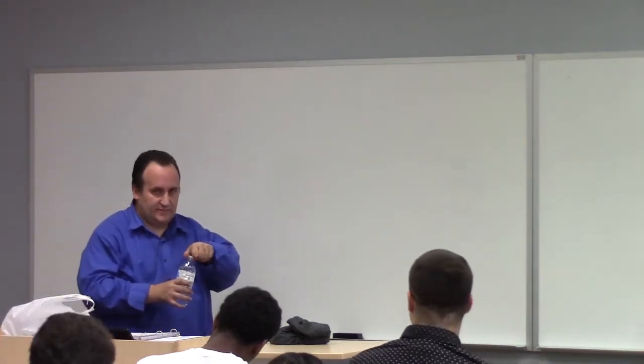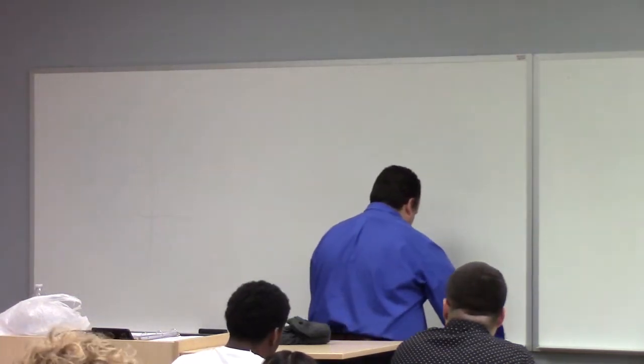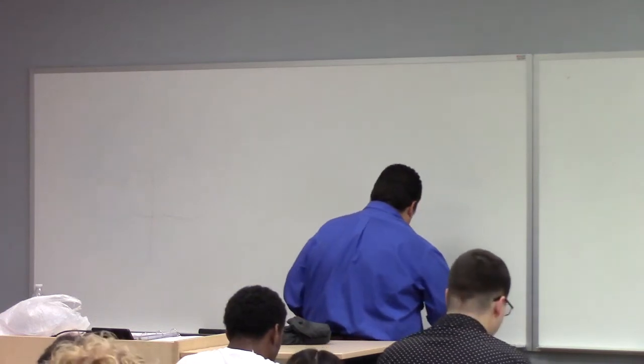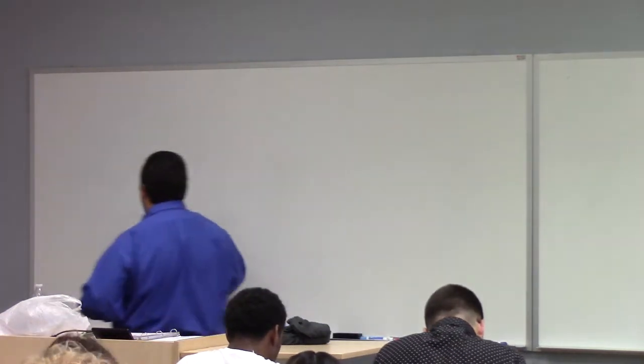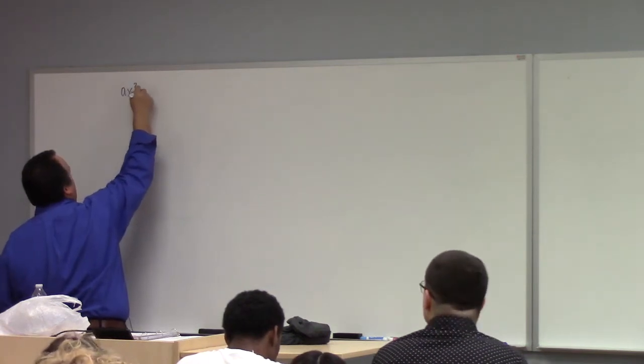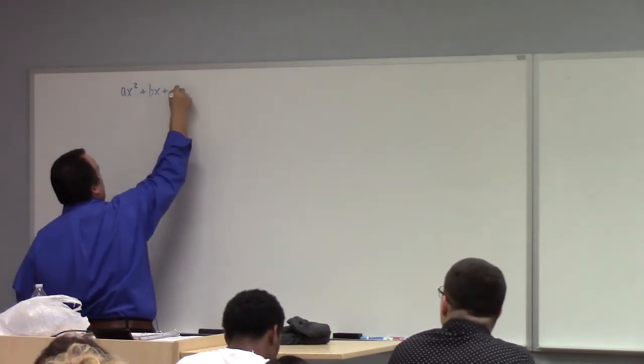All right, so quadratic equations, right? So let's do some more. I showed you last time that completing the square is a good way to solve a lot of these problems, right? But of course, sometimes the quadratic formula is worth using. So remember we had ax squared plus bx plus c equals 0.